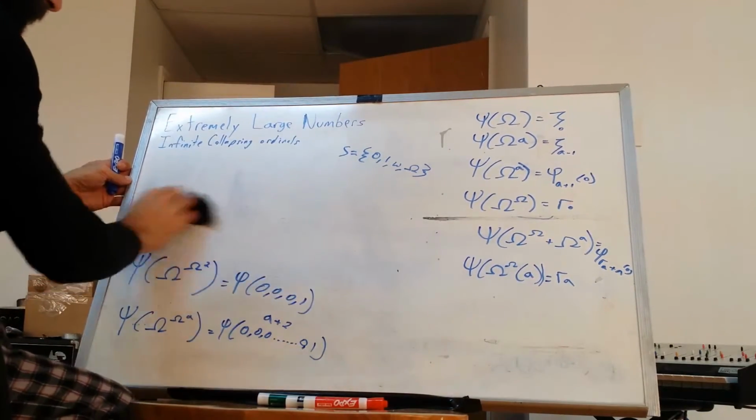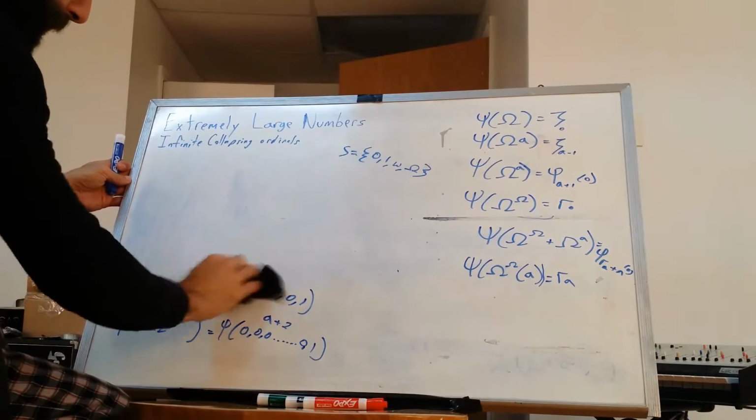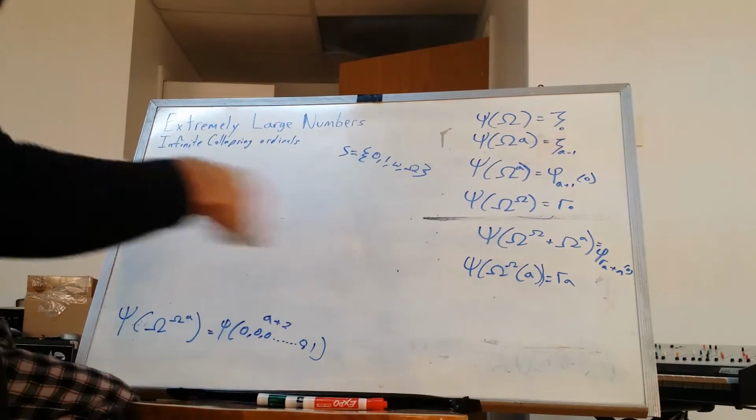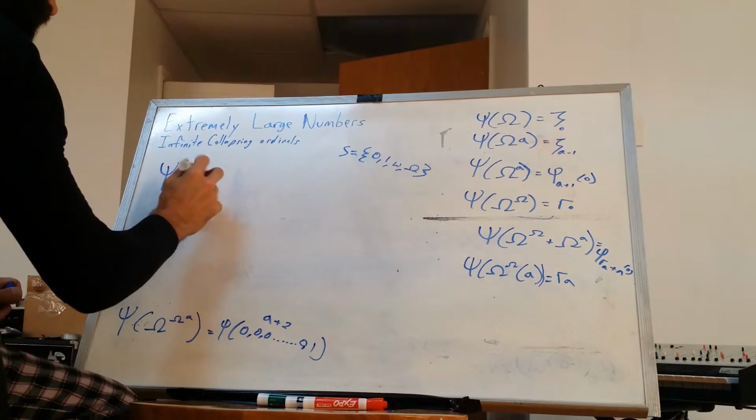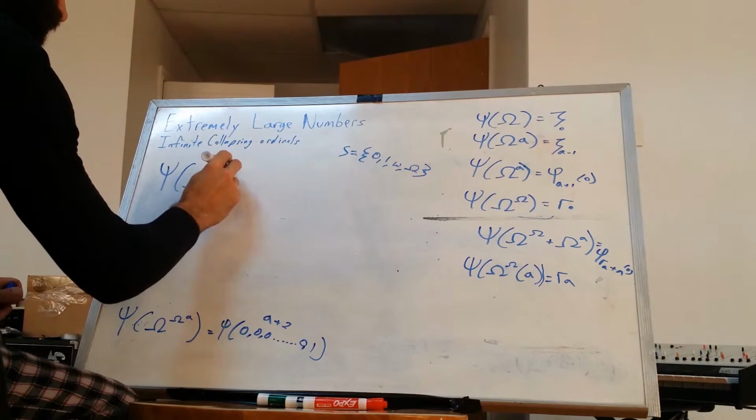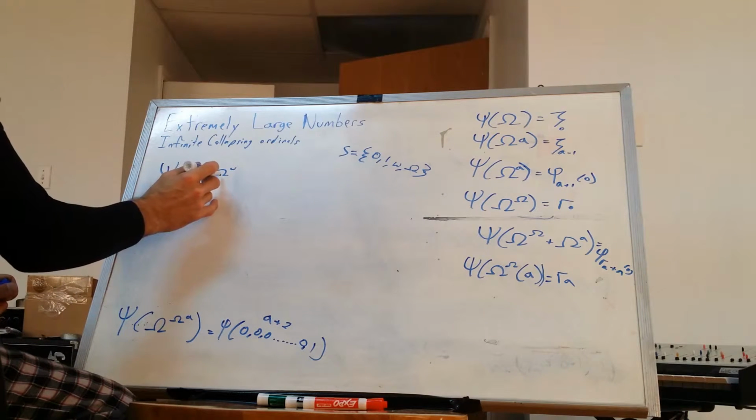So we're going to define our first set, C of 0. And this is going to be exactly what I just said: anything that we can do in here with addition, multiplication, and exponentiation.